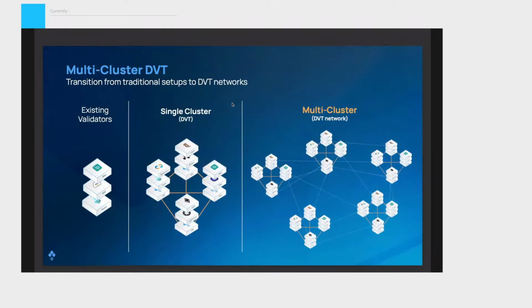So our goal or mission, I would say, is to take the existing validator stack and transition towards not just a single cluster setup, but really a multi-cluster or DVT network type of setup, where you have a bunch of different operators which can participate all at once in several different clusters. That creates interdependability between them.